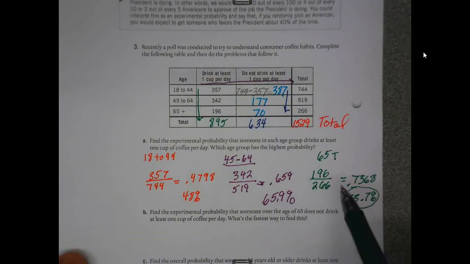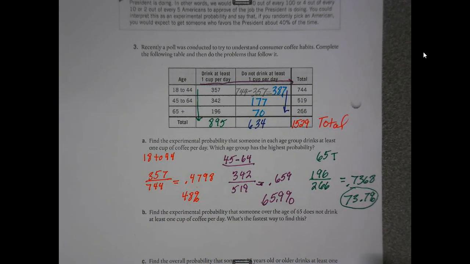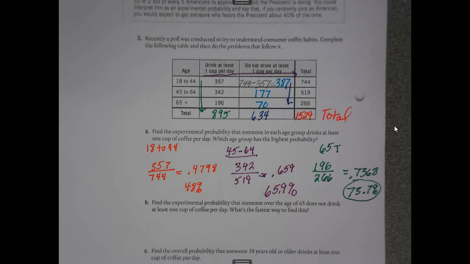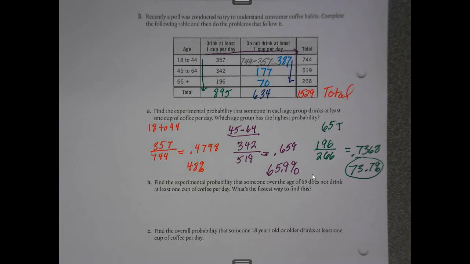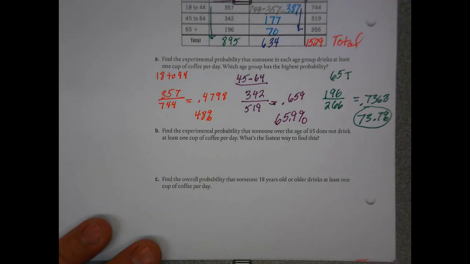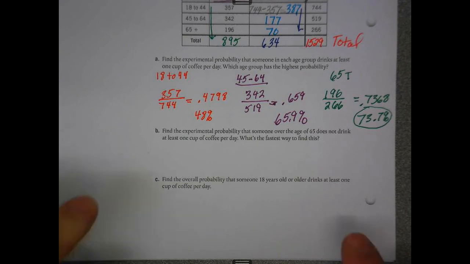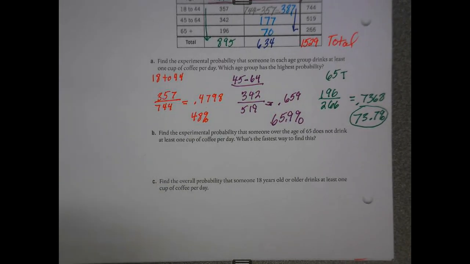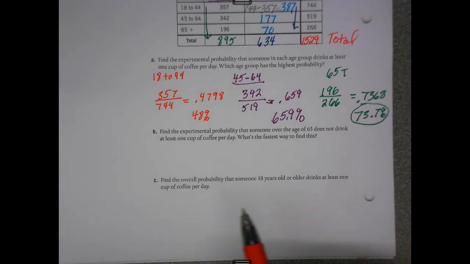Okay, letter B, find the experimental probability that someone over the age of 65 does not drink at least 1 cup of coffee per day. What's the fastest way to find that? Well, let's do the probability of 65 plus not drinking. That's 70 out of their total number, 266.